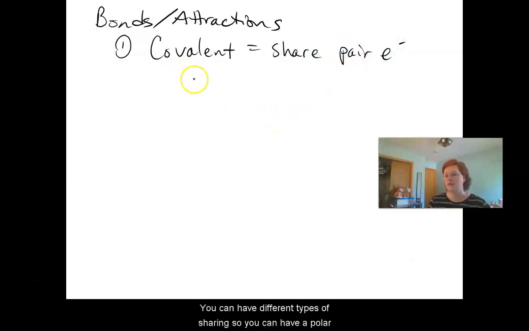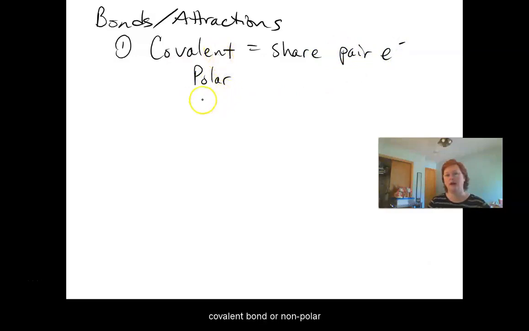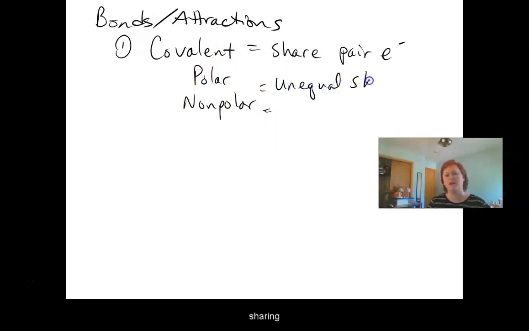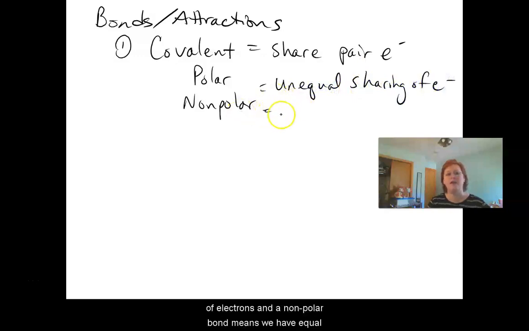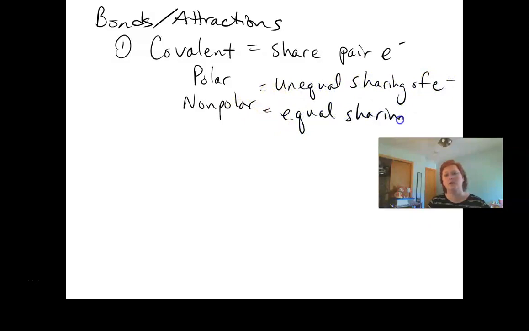You can have different types of sharing. So you can have a polar covalent bond, or a nonpolar covalent bond. A polar bond means we have unequal sharing of electrons, and a nonpolar bond means we have equal sharing of electrons.